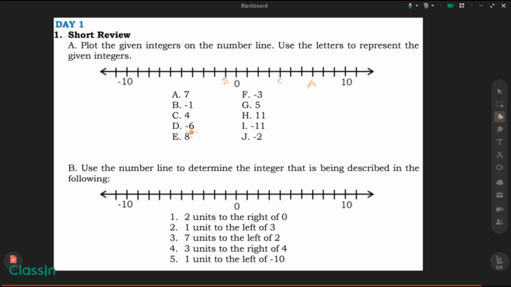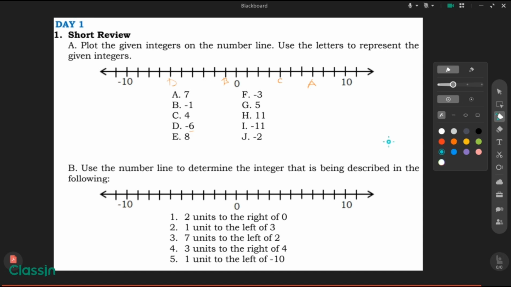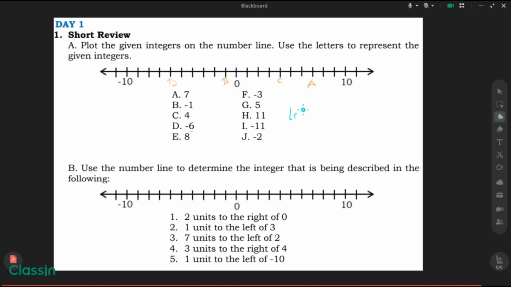And for the letter D, 6 units to the left. Again, left means negative, and right means positive.